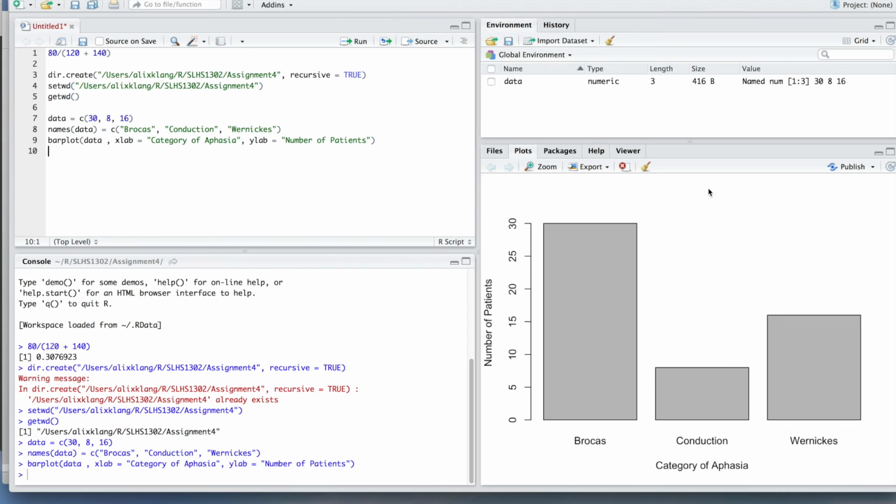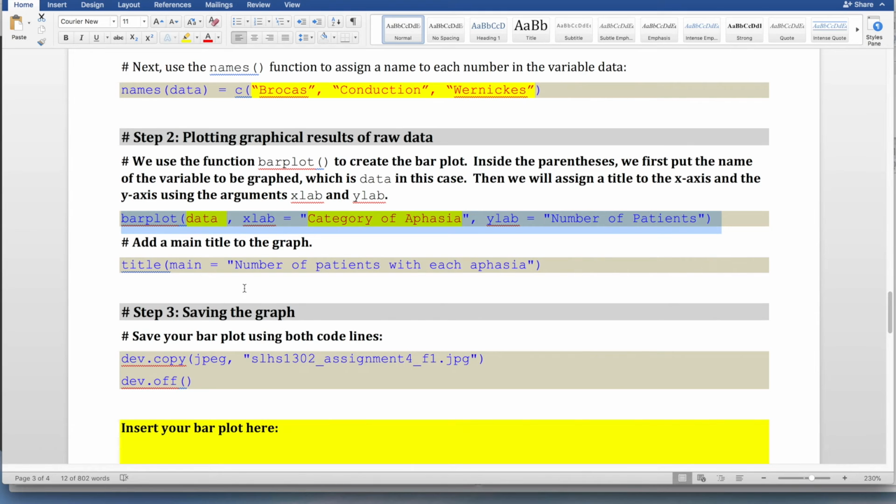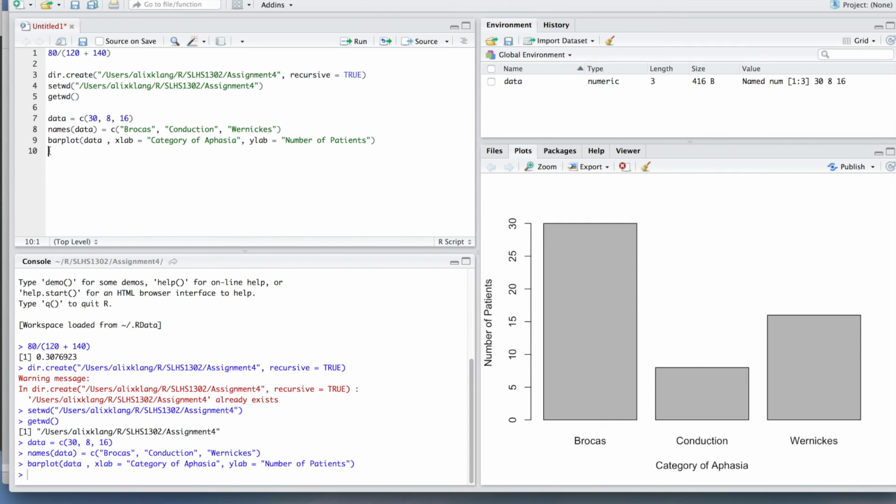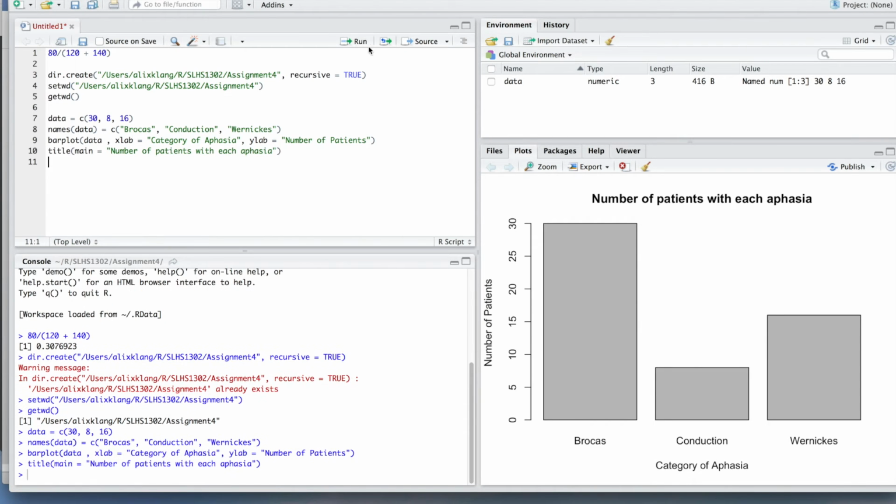And we're seeing our graph pop up over here. If we go back to the Word document, it also shows us a code line for giving our graph a title. So we'll copy that code line, go into R, paste it, run it. And then we'll see the name pop up in the plot section.